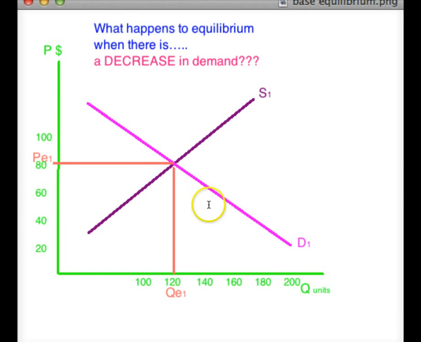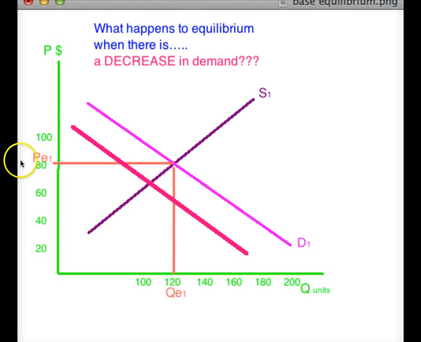So the next thing to ask is what's going to happen to equilibrium when there is a decrease in demand. So again, a decrease in demand is going to be a shift to the left, and we would remember many of the things, all the non-price factors that could cause such a shift. Let me just make that line a little bit thicker.